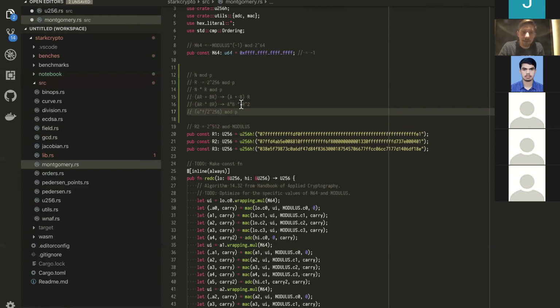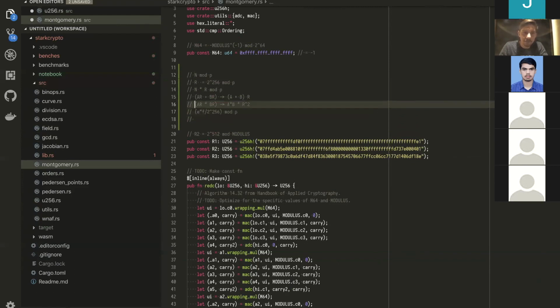If we apply this trick on AR, BR, we end up with a result. So we have this operation here that is somehow cheap. And if we apply that, we'll end up with the product divided by R. So we get the product times R, which is actually already in the Montgomery form that we need.